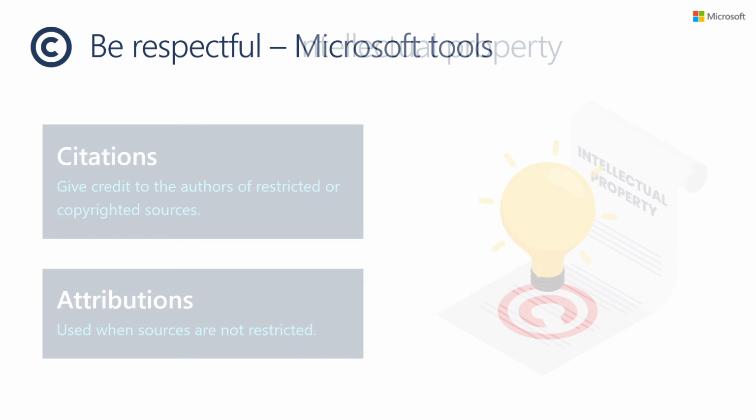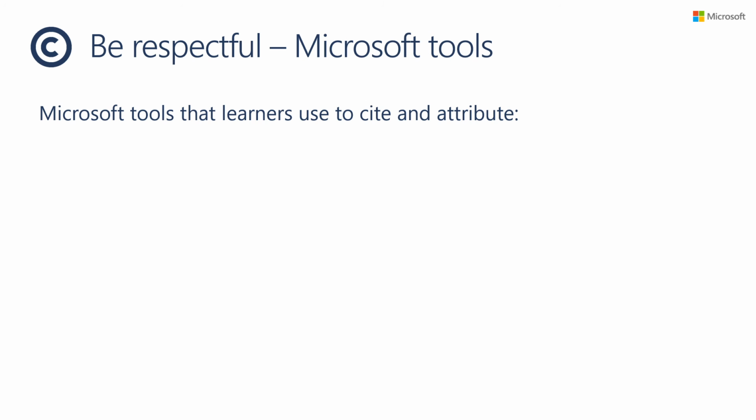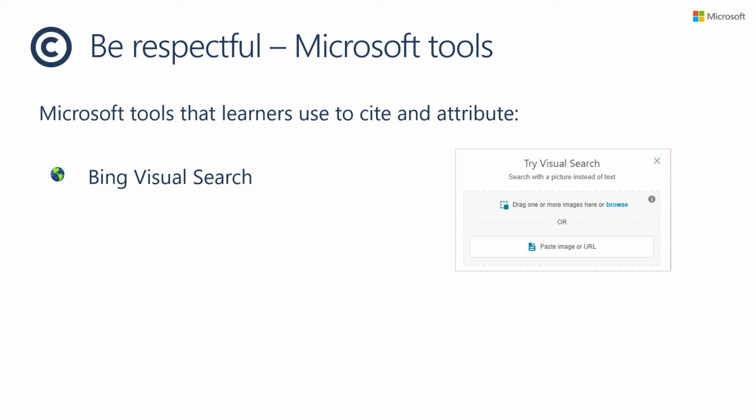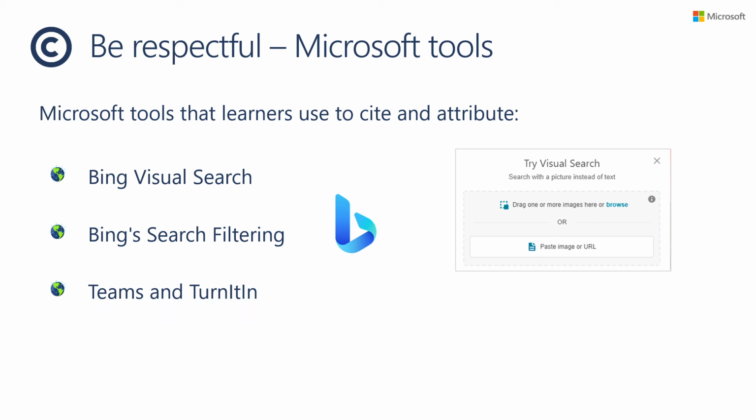So how are Microsoft tools helping? One is Bing Visual Search, then Bing's search filtering, then Teams and Turnitin. Many of you may have heard that Turnitin is plagiarism software, wherein you can check which particular line has been taken from which source, so you can easily do the citation work and give credit to the original creators of that content.